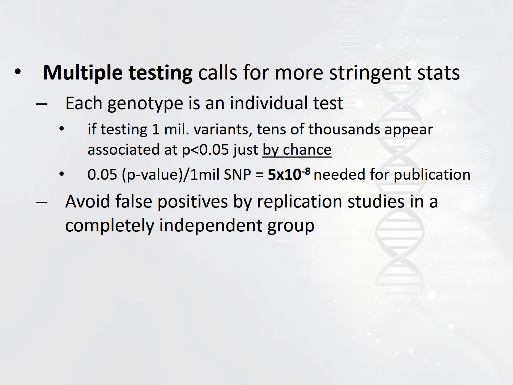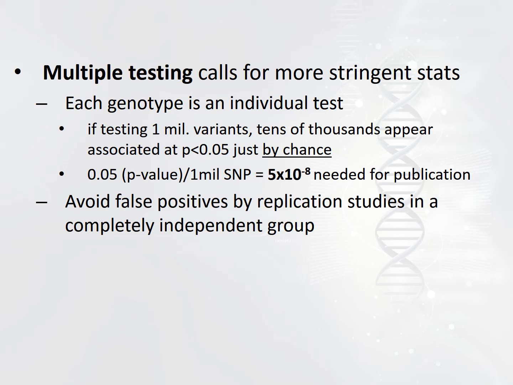So what would happen if, for example, you would use a p-value of 0.05, which is what is considered statistically significant in a normal research study? In that case, with a p-value of 0.05 and a million SNPs, you would get 50,000 false discoveries just by chance in that million SNPs.